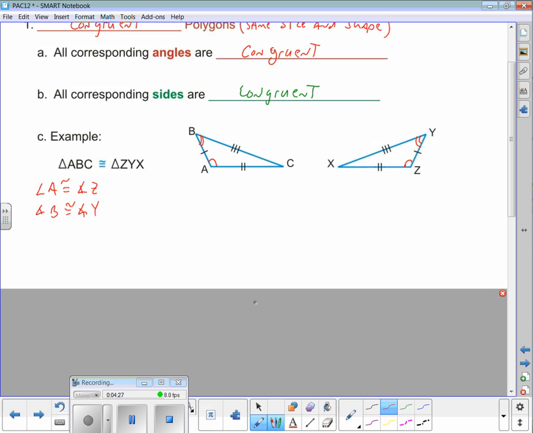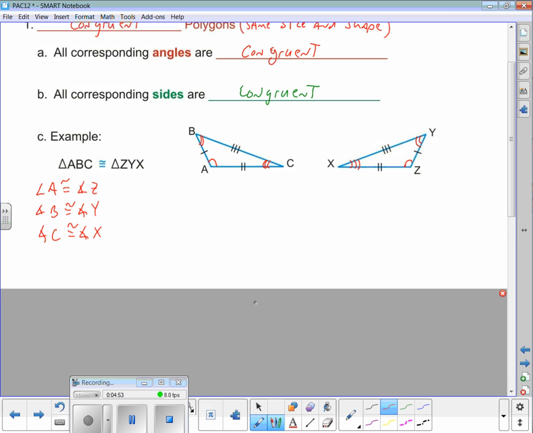Angle B is congruent to angle Y. And of course, looking at the lettering, angle C has to be congruent to angle, and hopefully you're thinking angle X. And so we'll finish off with 3 arc marks for C and for X. Okay?